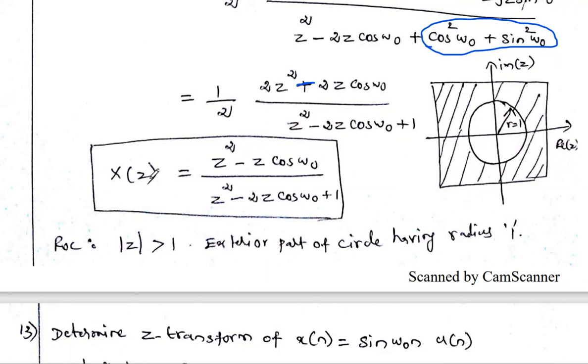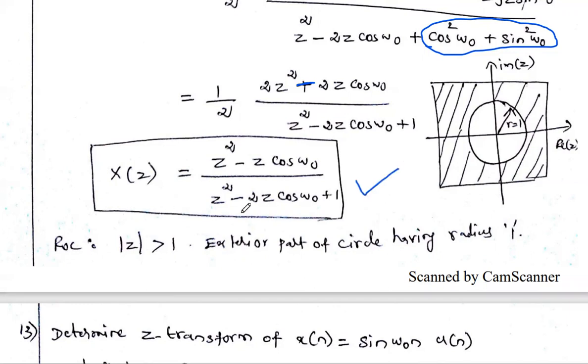So finally the z transform of cos omega naught n u of n is z squared minus z cos omega naught divided by z squared minus 2z cos omega naught plus 1. This is the z transform answer for the discrete time cosine sequence.